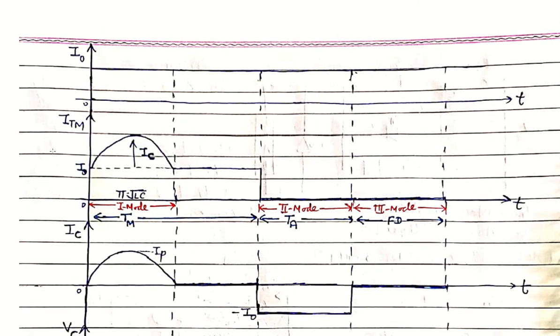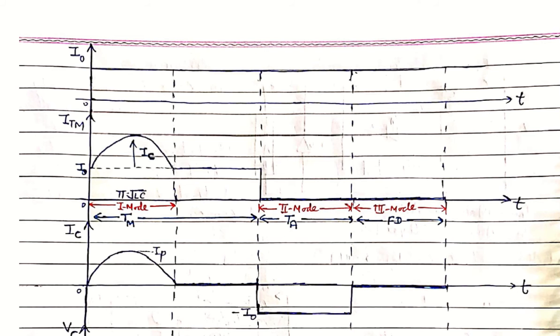So in the waveform of ITM, it starts from the initial point I naught, which is the constant current flowing through the thyristor all the time, and this IC, which is sinusoidal in nature, is added to it. We start our waveform from I naught and add IC to it, up to pi, because IC equals IP sin omega t.